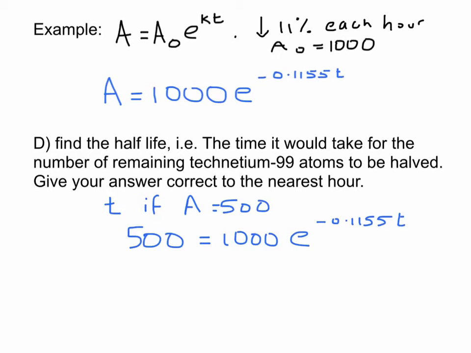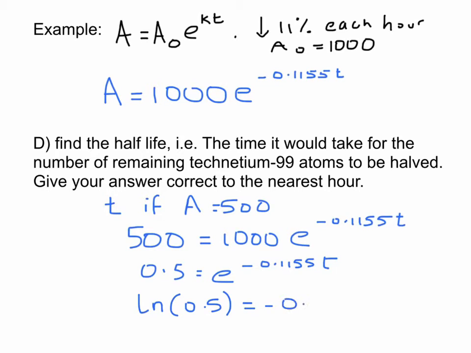And then you have to divide by 1000, which gives you 0.5 equals e to the negative 0.1155t. And we'll take logs of both sides, so log to the base e is a natural log, or ln, of 0.5 equals negative 0.1155t.